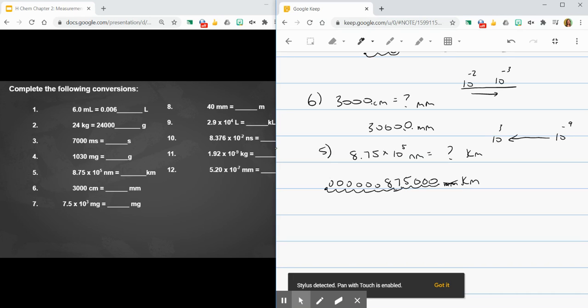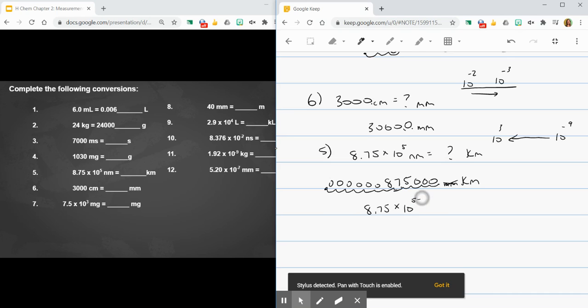I'm going to keep it in scientific notation, and if you are moving to the left on the number line, it's like dividing by that number of powers. So let me show you. Let me write it out. 8.75 times 10 to the 5th power. And we are moving to the left 12 powers of 10.